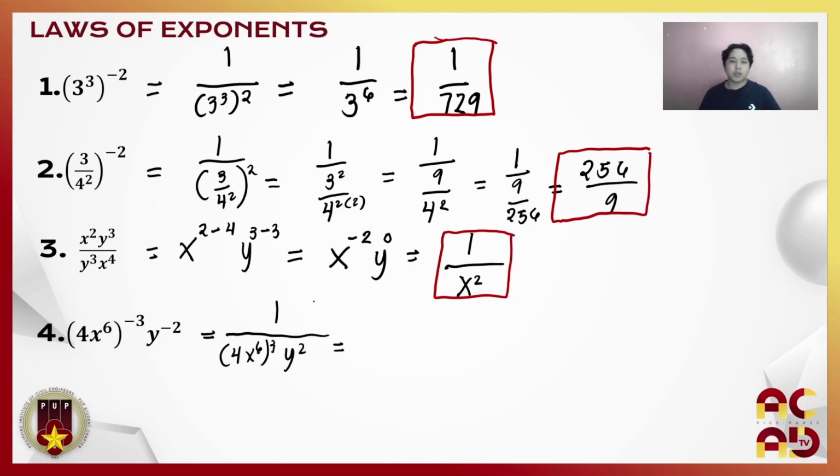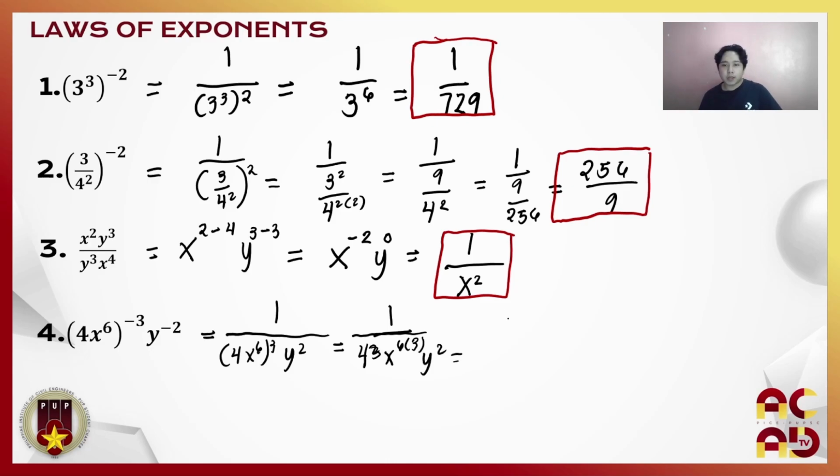Okay. So, dito makikita natin sa denominator na pwedeng i-distribute tong 3 sa 4 and sa x raised to 6. So, this will be 1 over 4 cubed, then x raised to 6 times 3, then y squared.